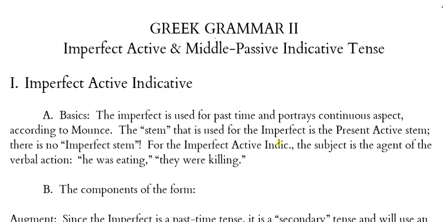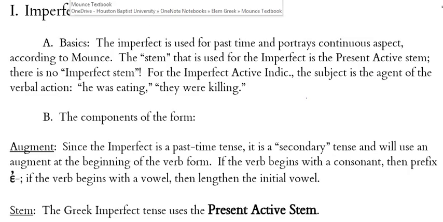That's not my favorite term, but that is the one that he uses. What would you say instead of aspect? I would say aspect. I just wouldn't say continuous aspect. Imperfective aspect is the term that I would use. That's a grammatical term. I'll talk a little bit more about that when we get to the aorist, but for now, we can say continuous. At least that'll get across the idea here.